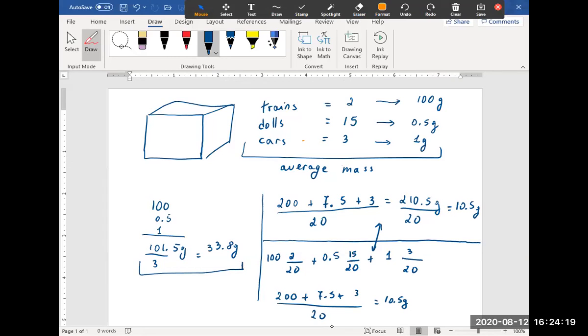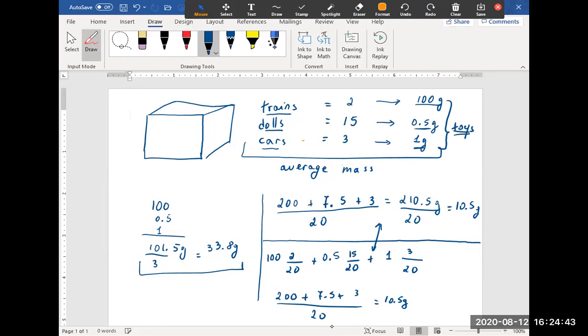Okay, so those two methods are exactly analogous, as you can see, but this method is really, really wrong because it's not considering, okay, that this is the representative weight of the isotope cars. This is the representative weight of the isotope dolls. This is the representative weight of the isotope train. All of those isotopes belong in the category toys.